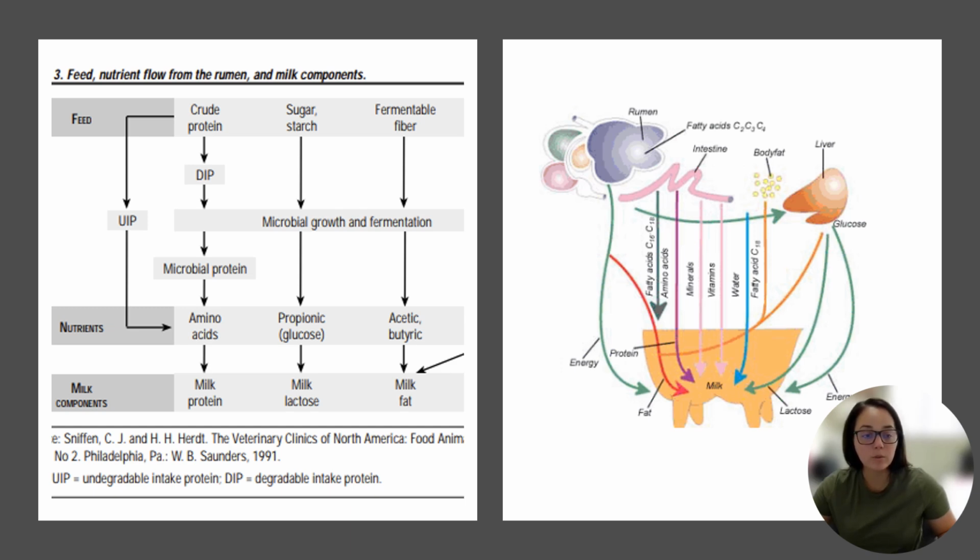And then, of course, our sugars and starches get digested, fermented, go through glycolysis, turn into pyruvate, can go through the Krebs cycle, and at some point get turned into lactose, which is one of the main sugars that we see in milk.